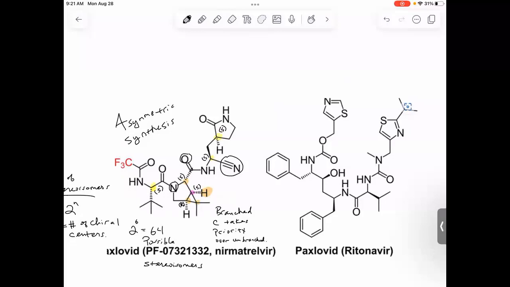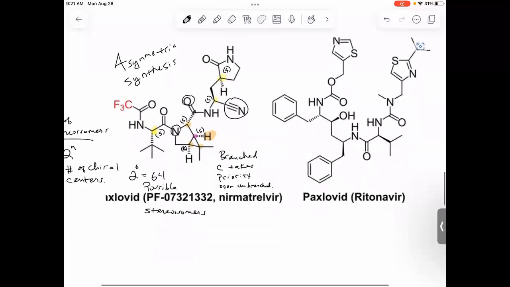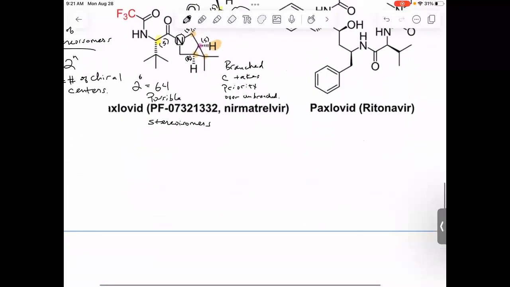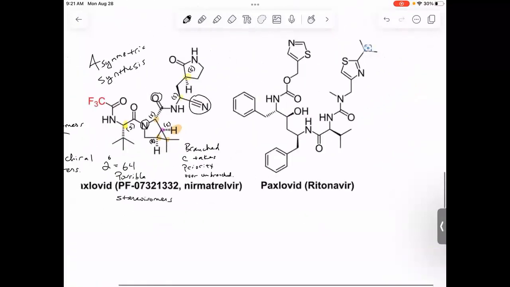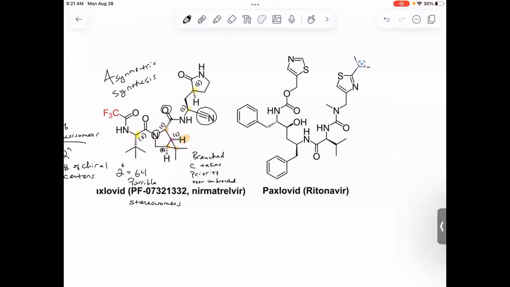Of those 64 stereoisomers, right? Some of those stereoisomers are what we call enantiomers. I'm gonna see if I can copy this right quick. Let me see if I can lasso it.